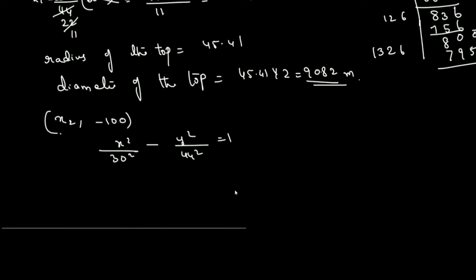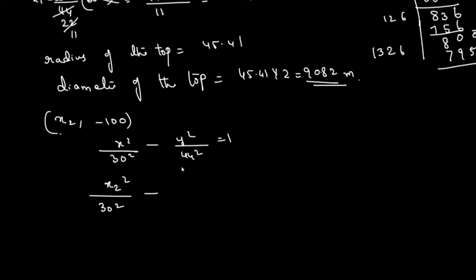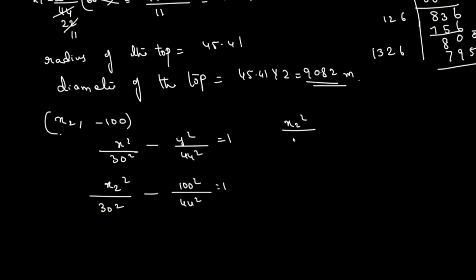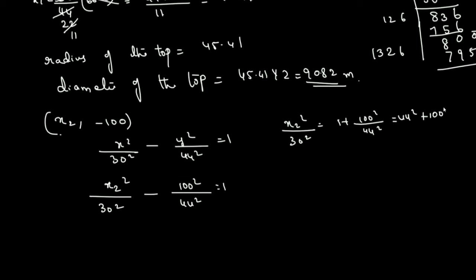So put x as x2. So x2 square by 30 square minus 100 square by 44 square is equal to 1. So x2 square by 30 square is 1 plus 100 square by 44 square, that is equal to 44 square plus 100 square by 44 square.